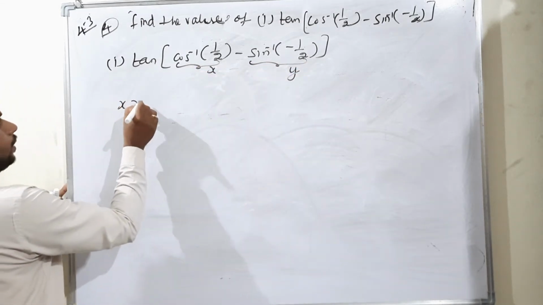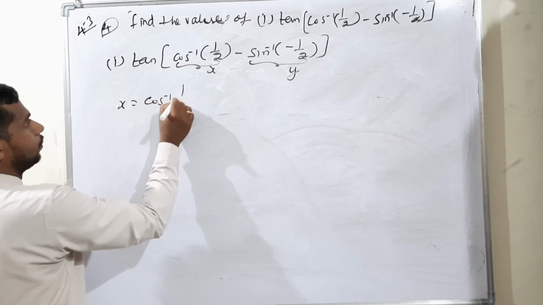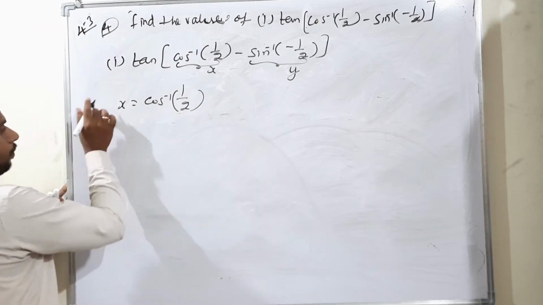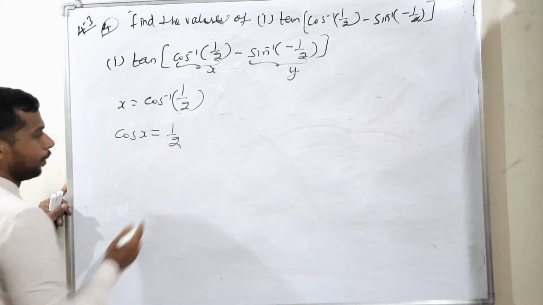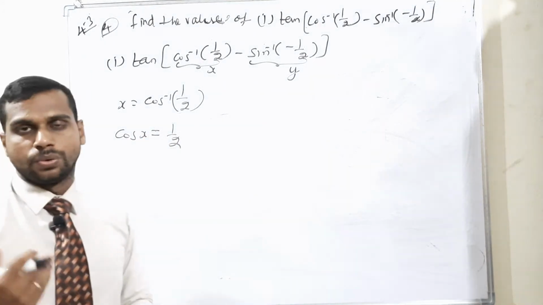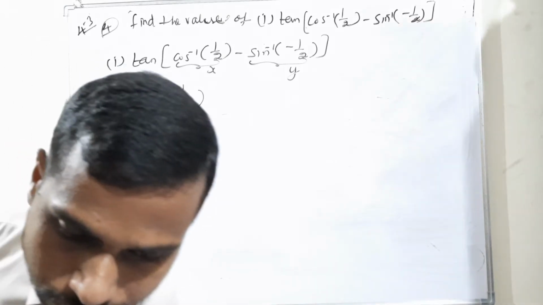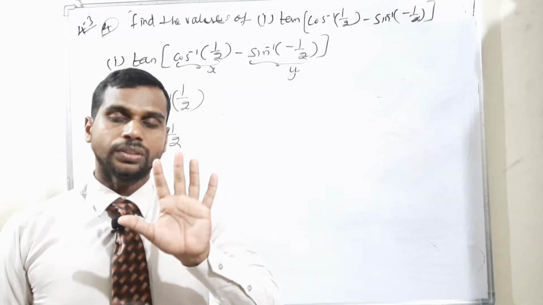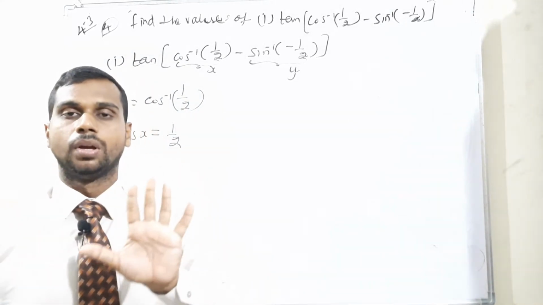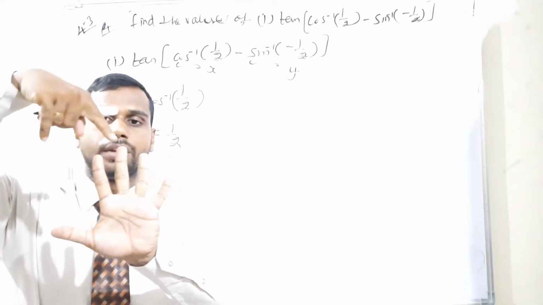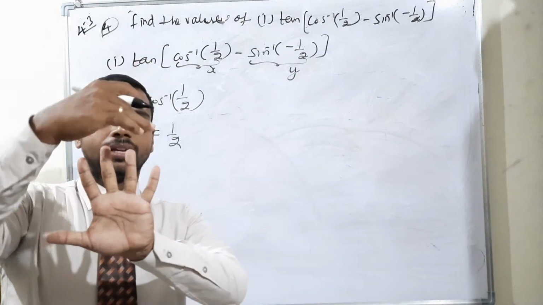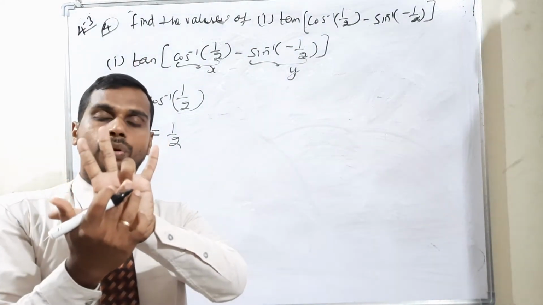Okay. Now, x is equal to cos inverse 1 by 2. Therefore, bring out the opposite side: cos x is equal to positive 1 by 2. This is a positive value now, so we can write it directly. Listen very carefully. So, cos x is equal to 1 by 2. For cos we have to check the little side, meaning 0, 30, 45, 60, 90 degrees. So, definitely we have to fold the ring finger.